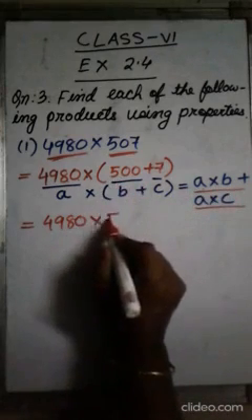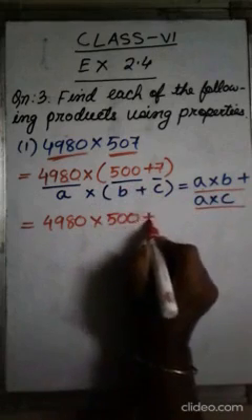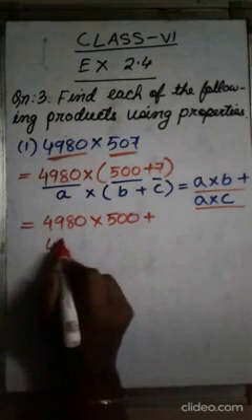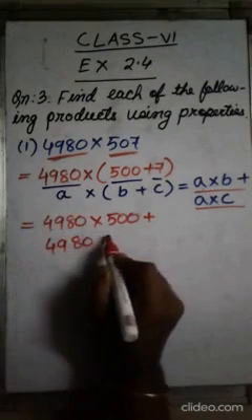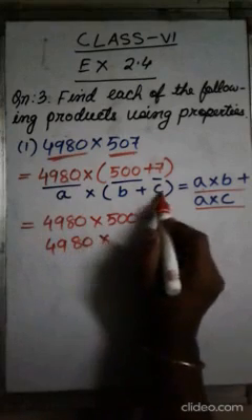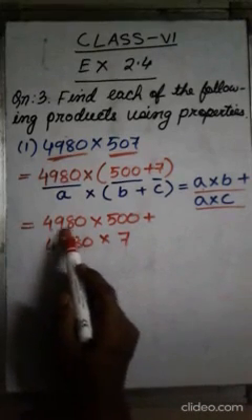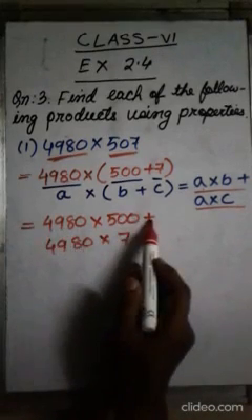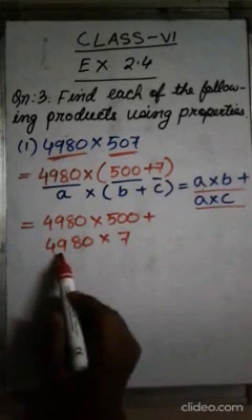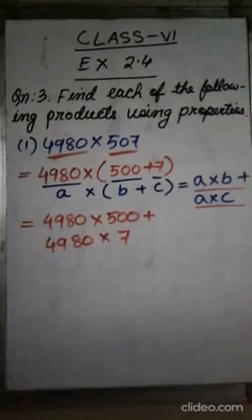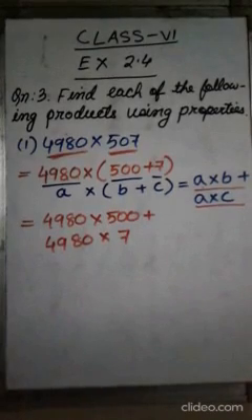B is 500, plus A into C. A is again 4980, into C is 7. So if we multiply these two numbers, add, and again add the product of these two numbers, we get the result. For that we will do some rough work.